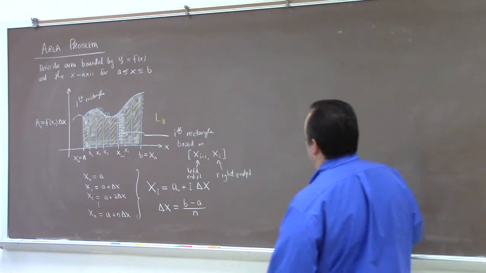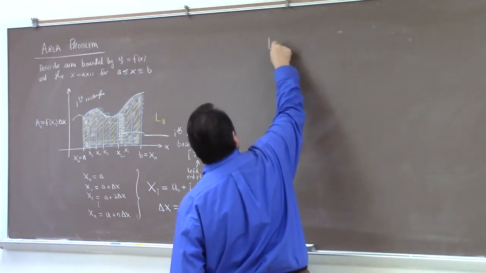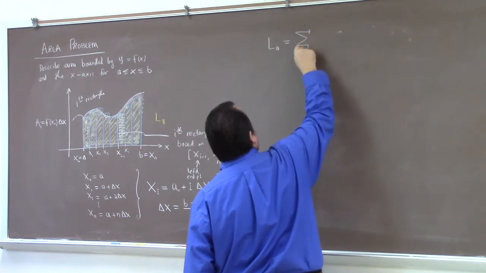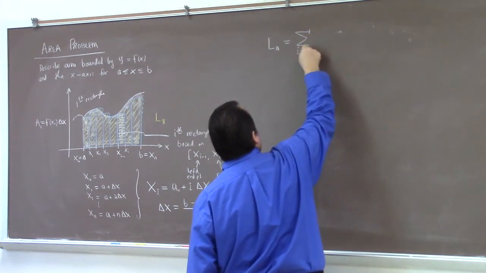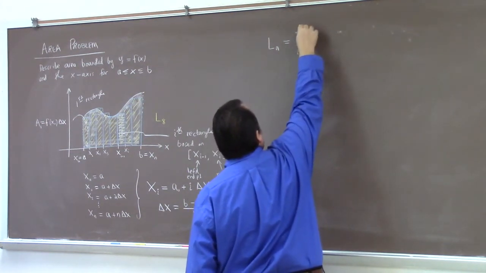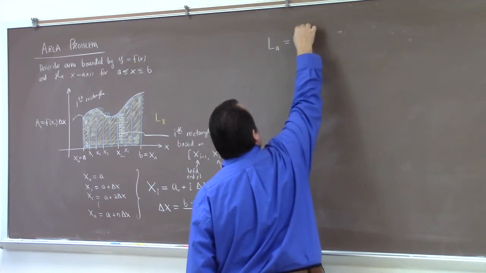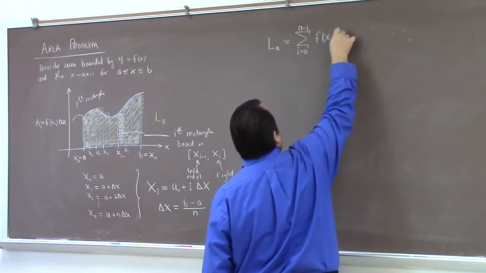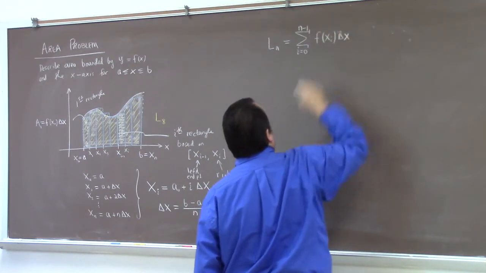So what that means for us is that the left endpoint rule will be the sum from i equals 0 to n minus 1 of f of x sub i delta x. This is how we calculate the left endpoint rule.